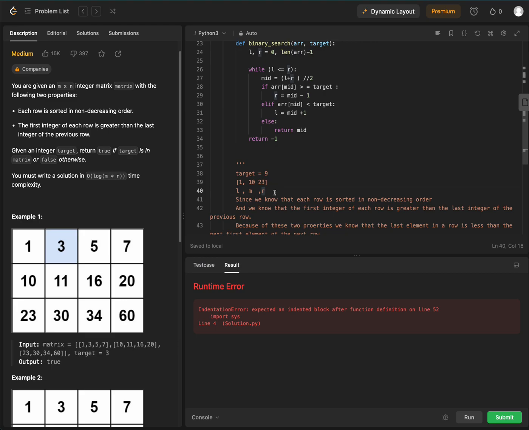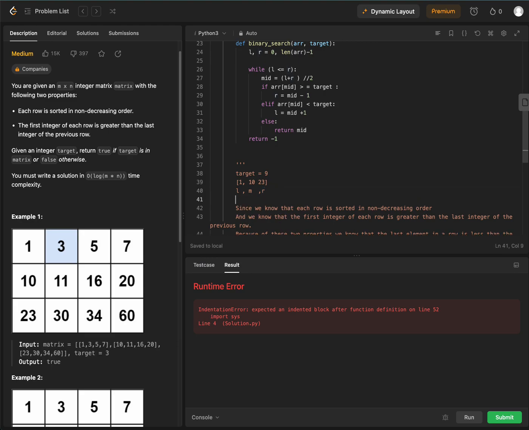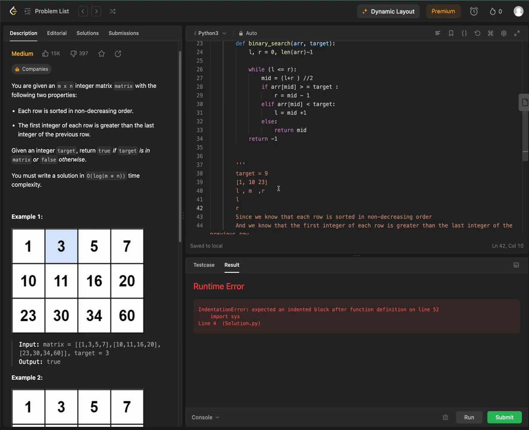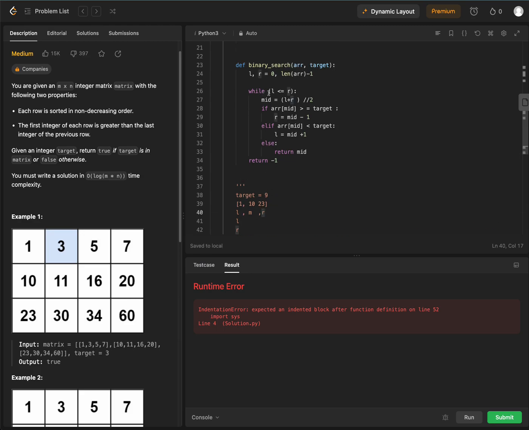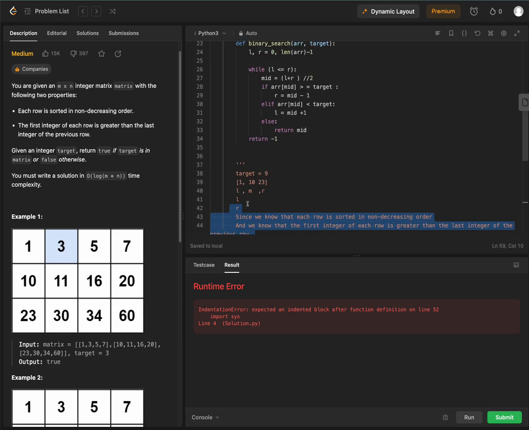Yep, so left and right are both here, right? This one becomes mid minus 1, and then the condition breaks here because left and right are now equal, and we want to return left. Yeah, essentially we want to return the left pointer here.